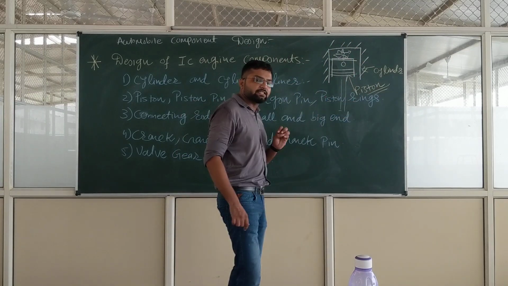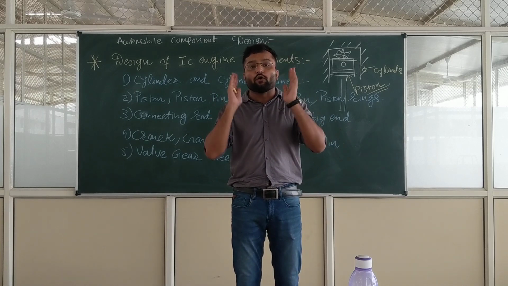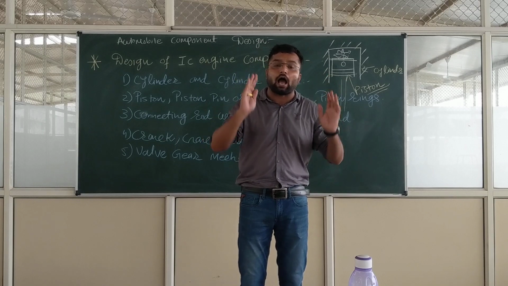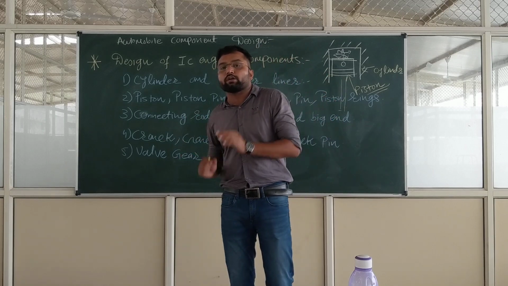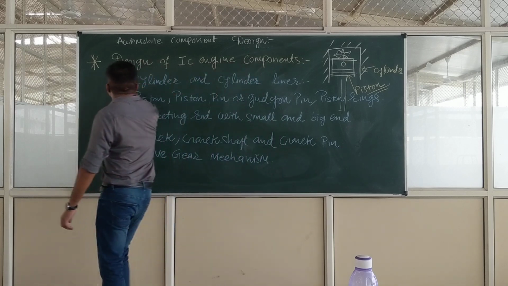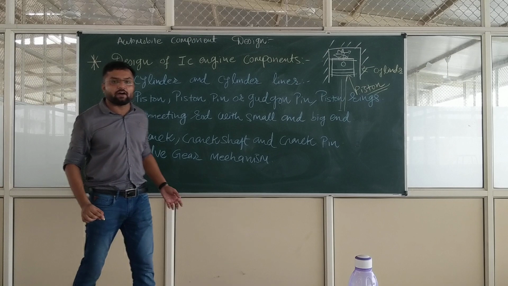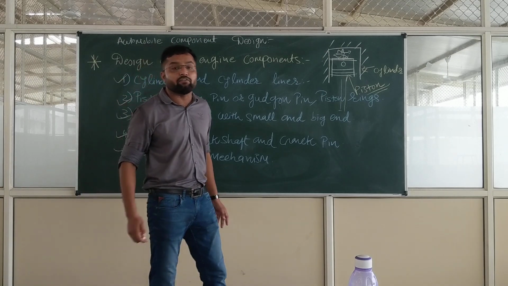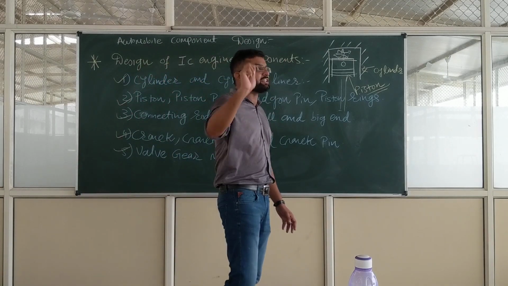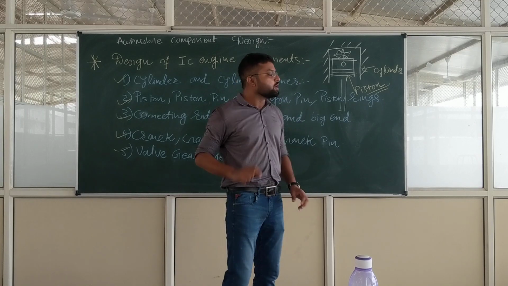This heat will try to create force, or pressure, on each and every component. So this pressure will directly or indirectly affect all the components. Clear? All the components will be directly affected by this pressure generated by the burning of our charge.